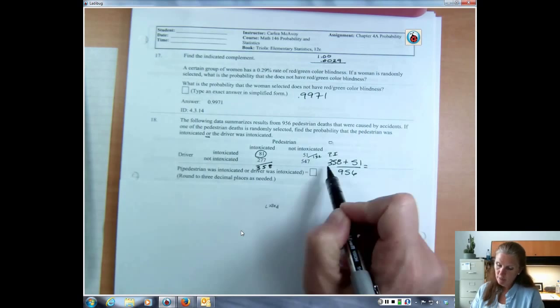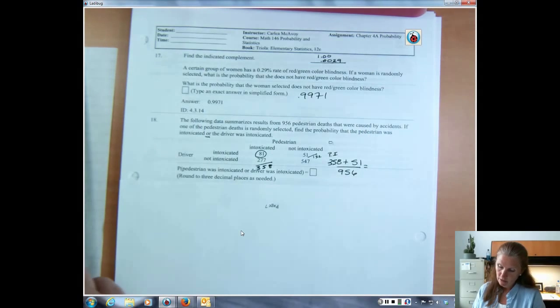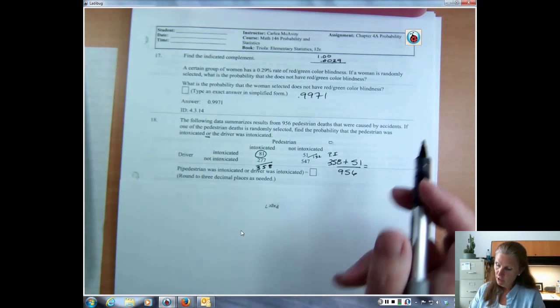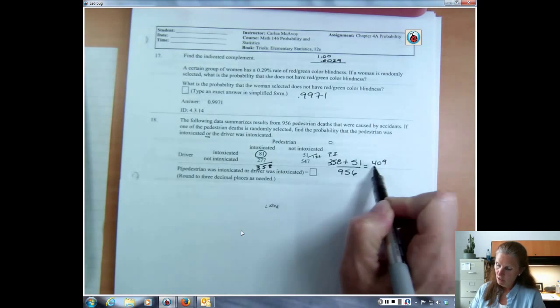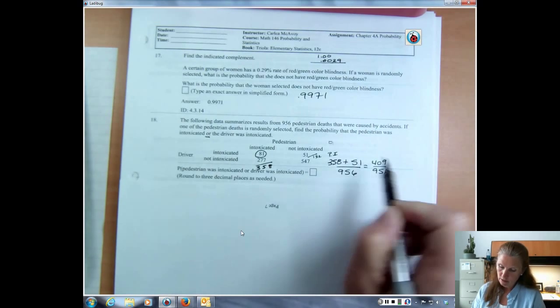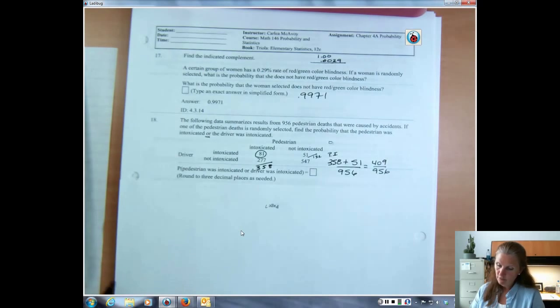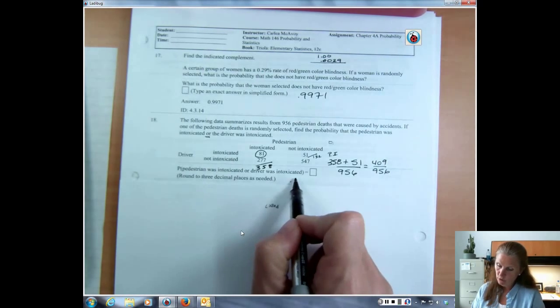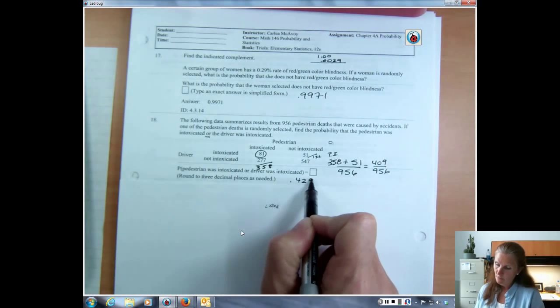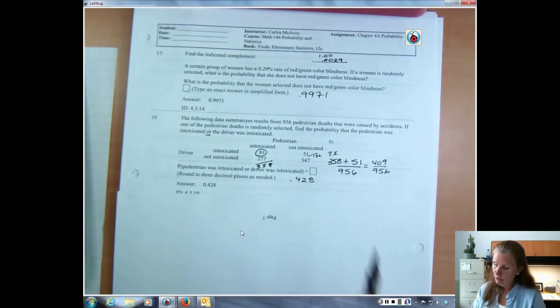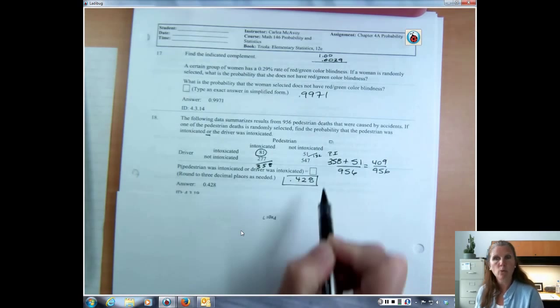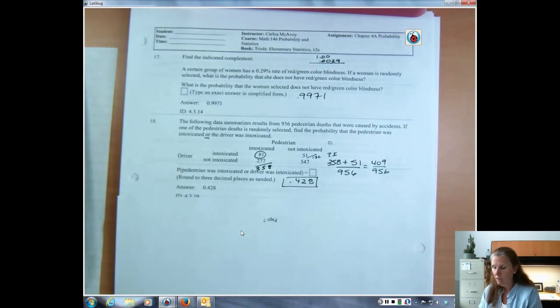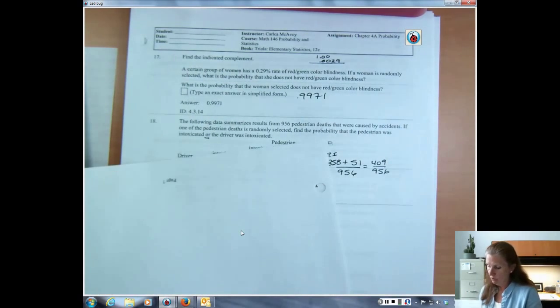So now if I add up the 358 and the 51, I get 409 out of 956. And I get, to 3 decimal places, 0.428. 0.428 probability of getting somebody who was one or the other. Remember, don't double count. That's the big lesson to be drawn there.